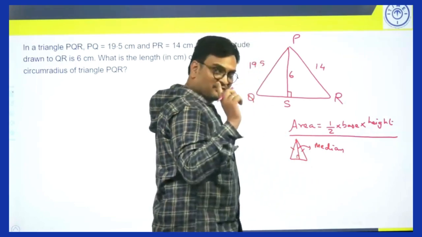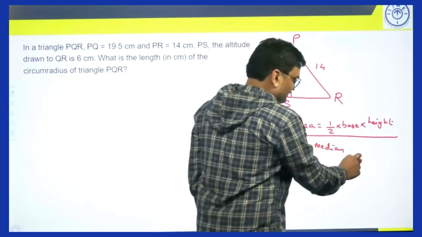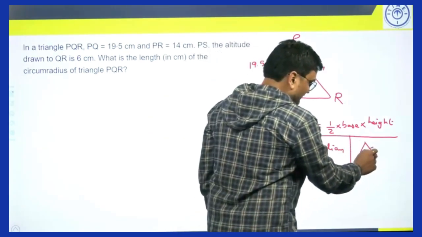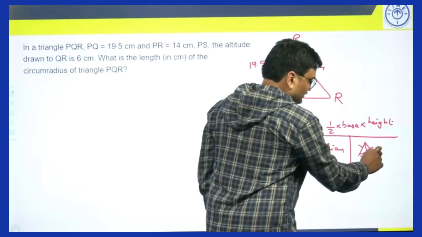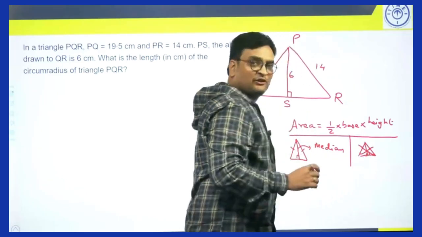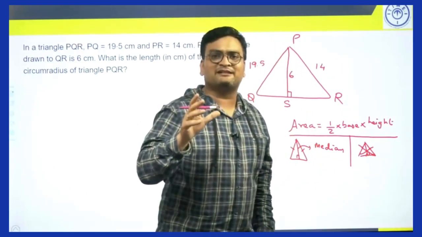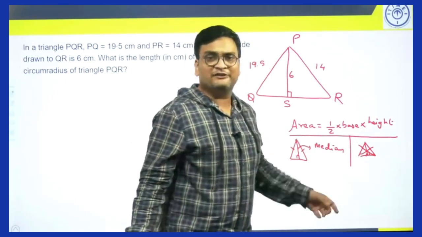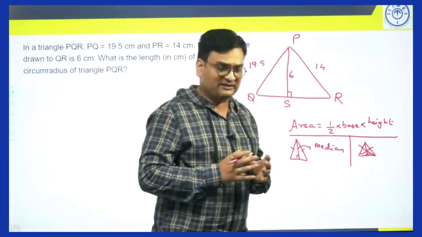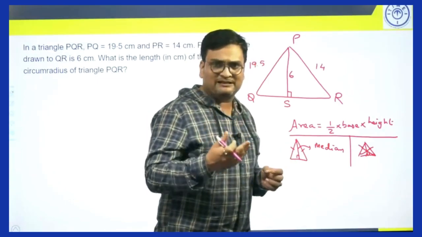Similarly in case of an equilateral triangle, where all sides are equal, no matter where you drop the altitude, from here or here or here, each of the altitudes will also be the median. That's in case of an equilateral triangle, and this is in case of an isosceles triangle. So these are some properties associated.